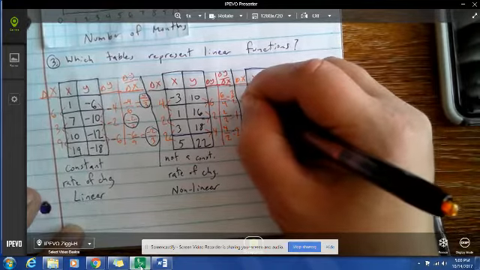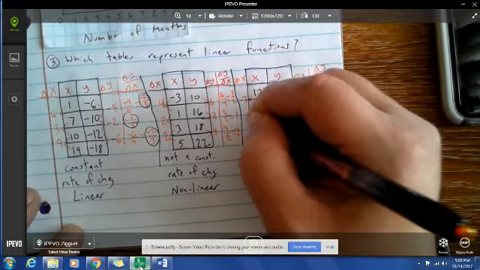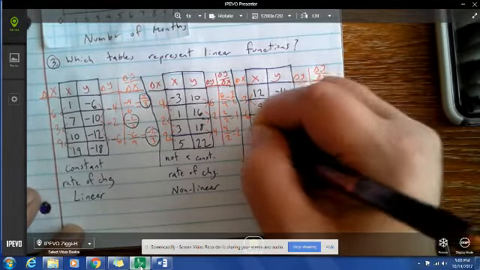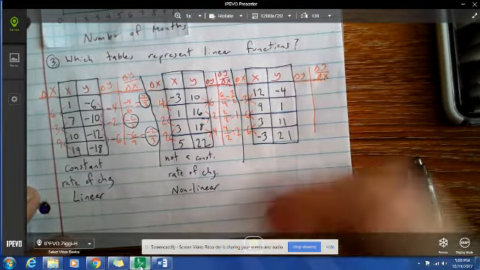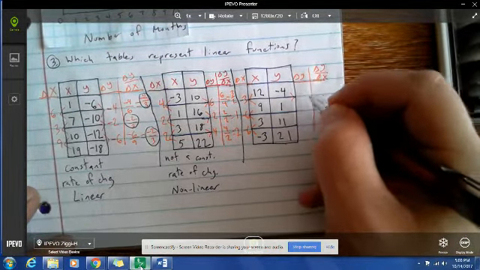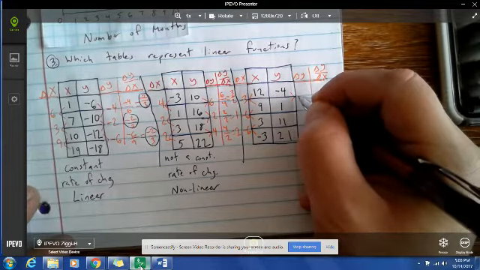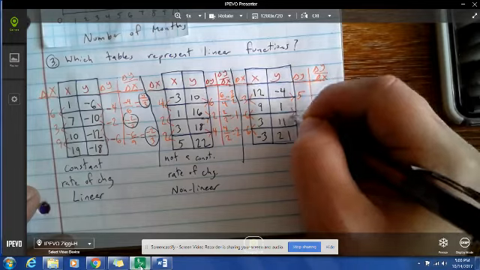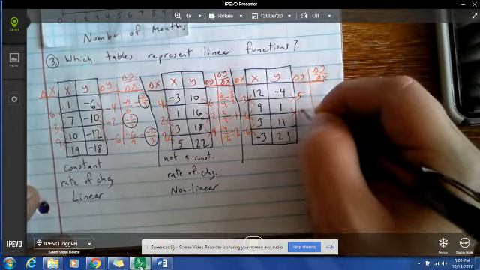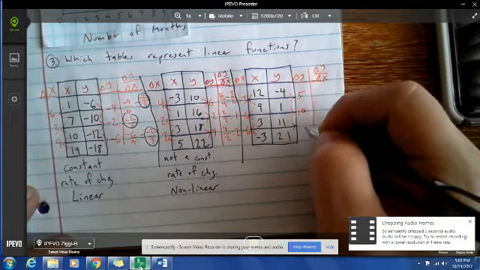We got minus 3, minus 6, minus 6. And we've got plus 5, plus 10, plus 10.